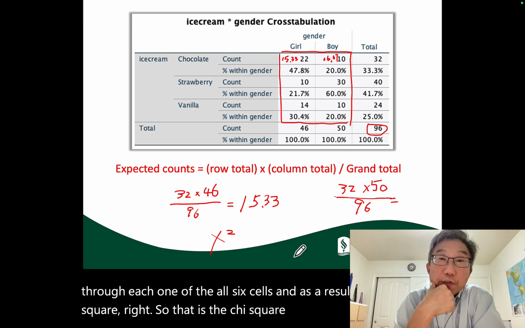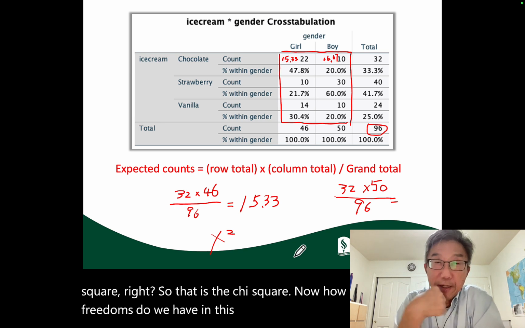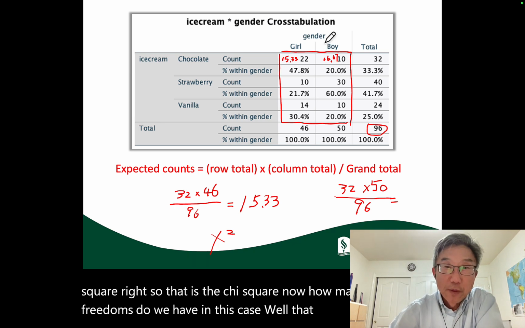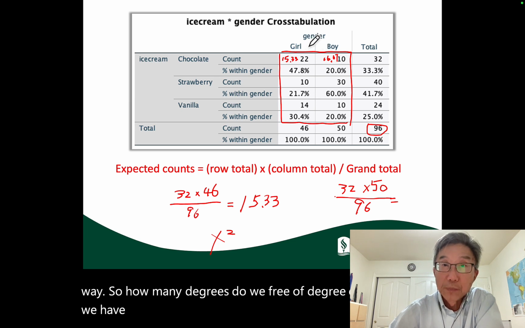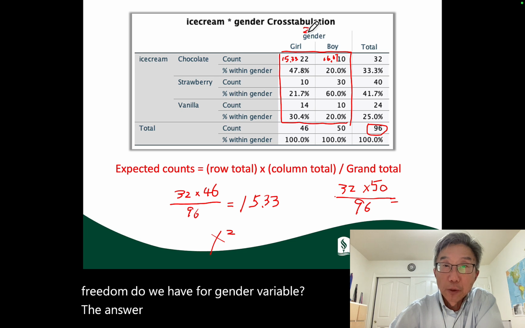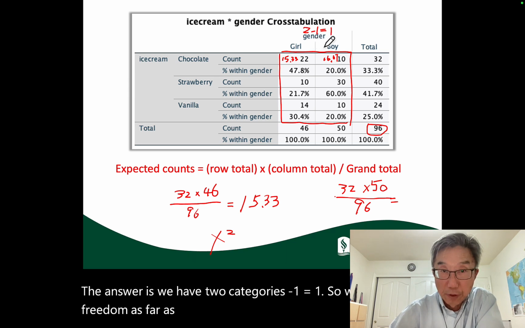Now, how many degrees of freedom do we have in this case? Well, that is determined in this way. How many degrees of freedom do we have for the gender variable? The answer is we have 2 categories, minus 1 equals 1. So we have 1 degree of freedom as far as gender is concerned.